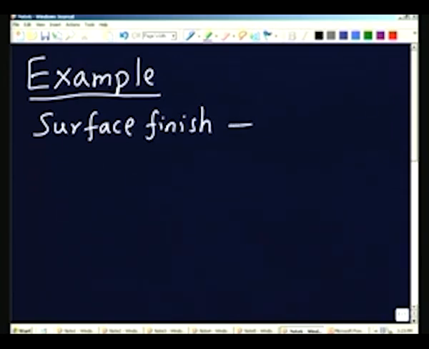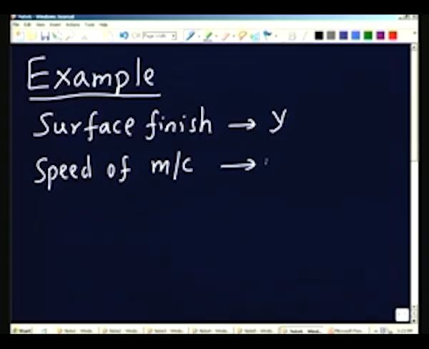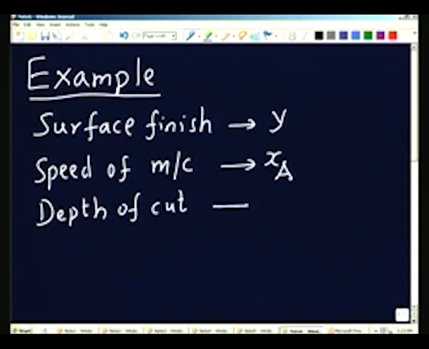Surface finish will be represented by y, the speed of the machine, I will represent by x subscript a, and the depth of cut as xb.